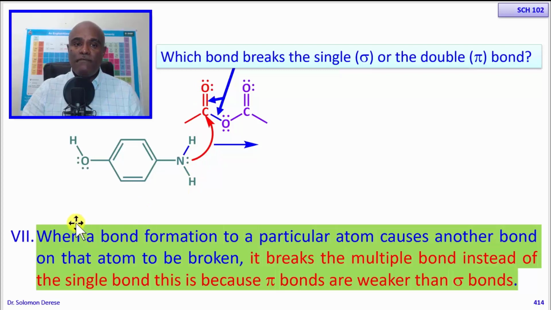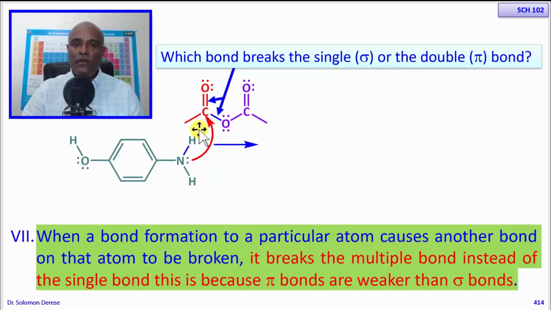So step 7 in our guide to reaction mechanism says, when a bond formation causes another bond to break, the bond that's going to break will be the weaker bond.